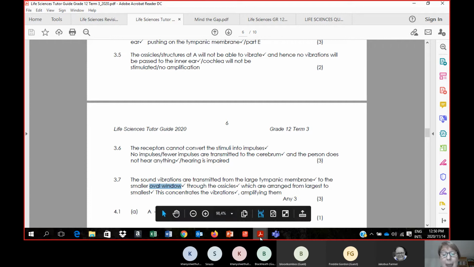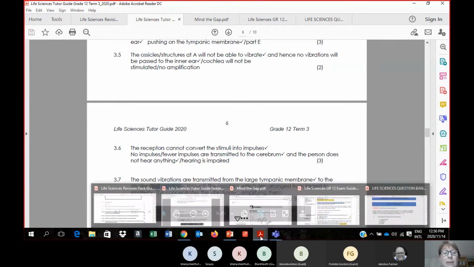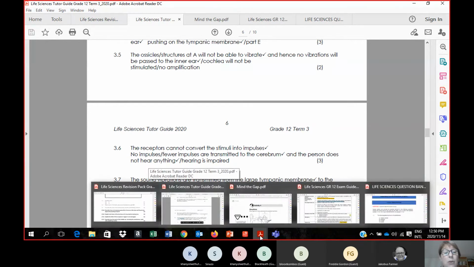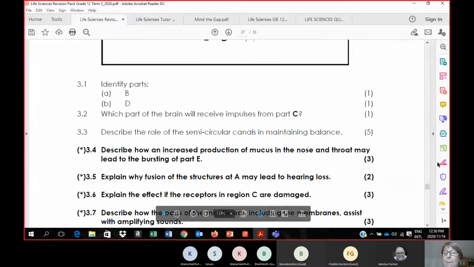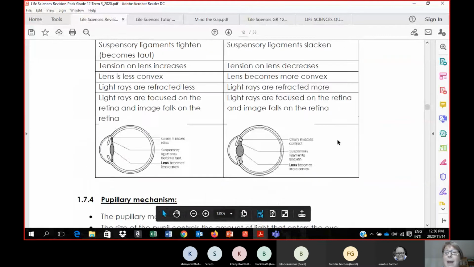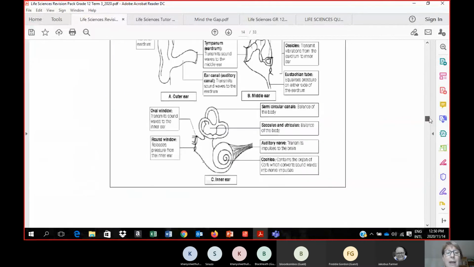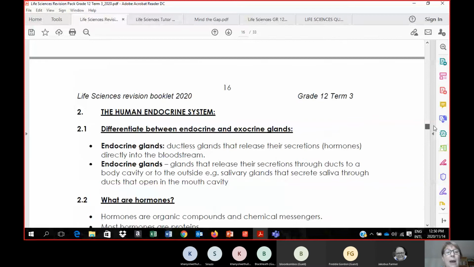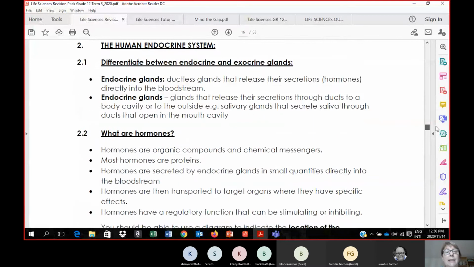Now we're going to go back in our notes again, because now we are going to go onto the endocrine system. So there we've done the eye and the ear already. And now we go onto the human endocrine system.